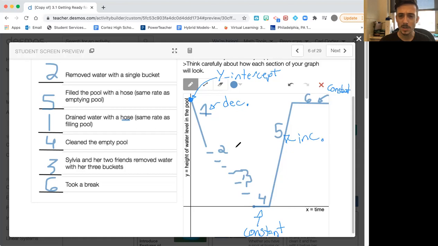Do we have any X-intercepts being used? We sure do. All of these down here would be considered our X-intercepts. We have our y-intercept we already talked about. What else could we talk about? We did intercepts.